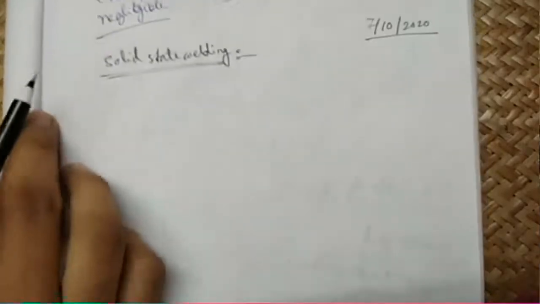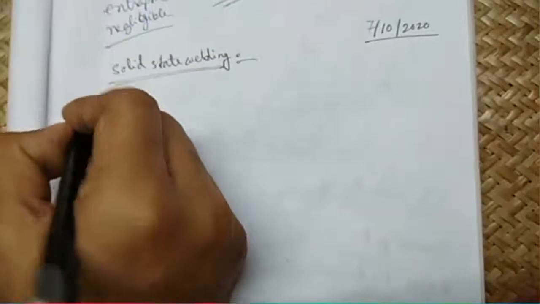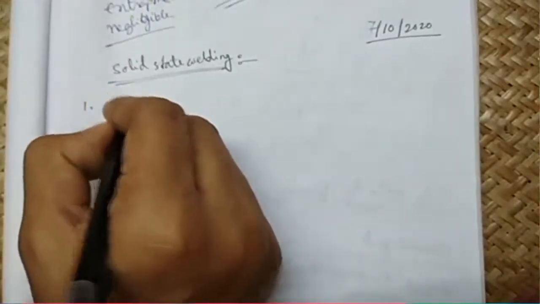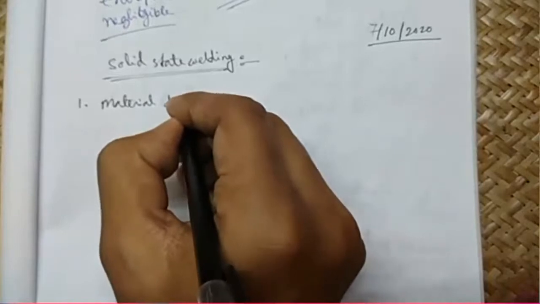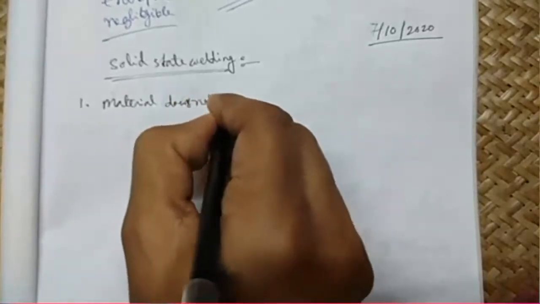So the joint is produced by heat and application of pressure, and the heat is produced by rubbing or by applying hammering action. Okay, so we have to point out a few points. The material does not melt.